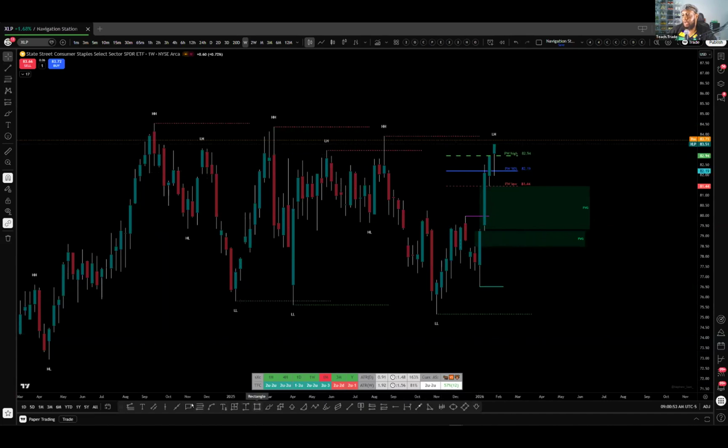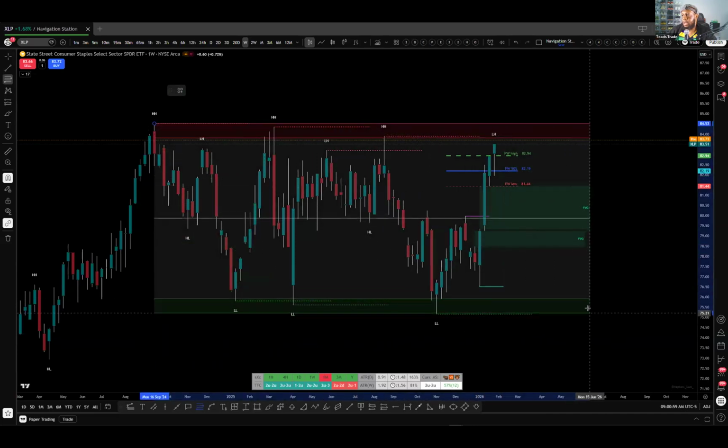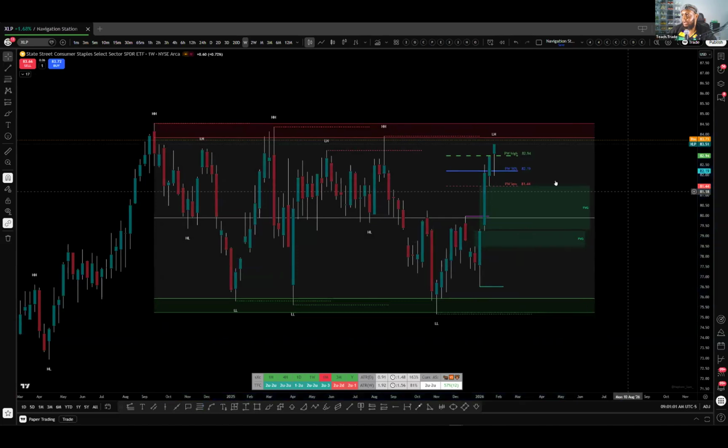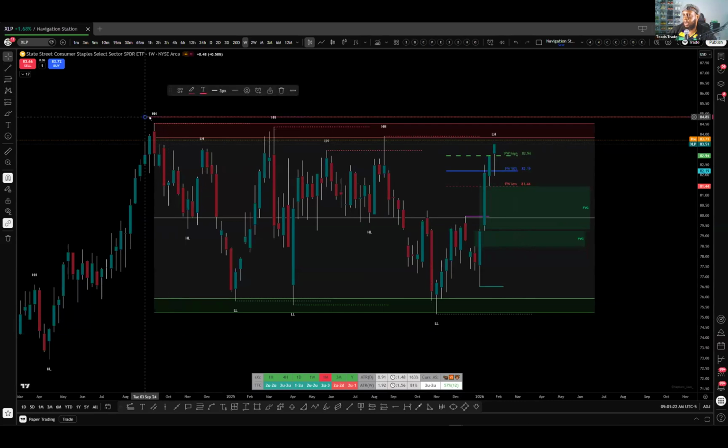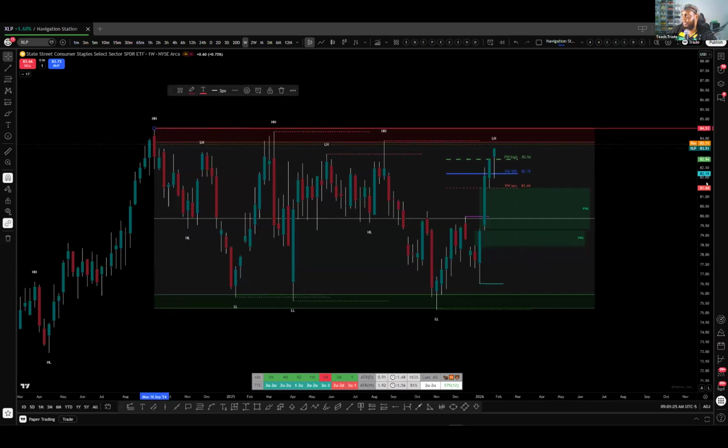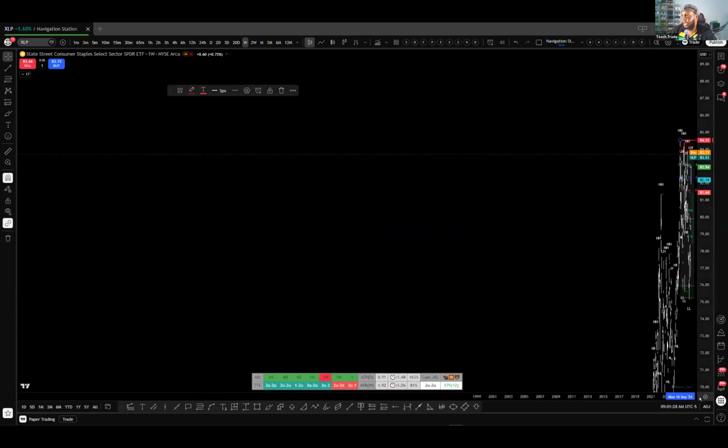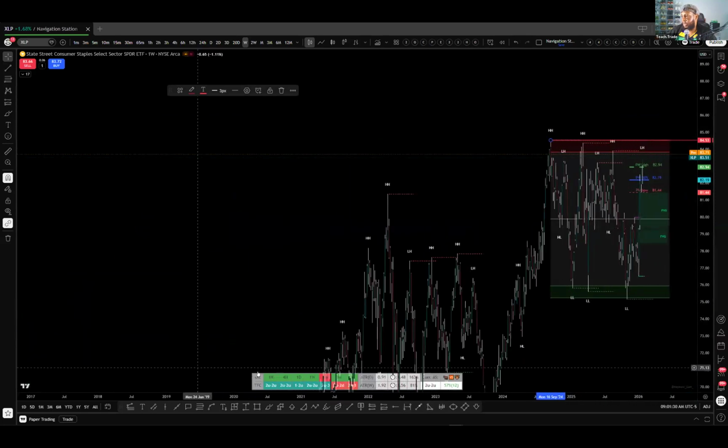So if we were to draw some sort of box like this that got most of those areas where those swing highs and swing lows occur, we can see that for the past several months, consumer staples has been in this range of this box. What we want to see is a break of the top of the box, 84.53, and that looks like that would be all-time highs on this bad boy.